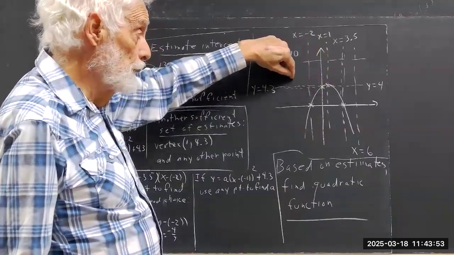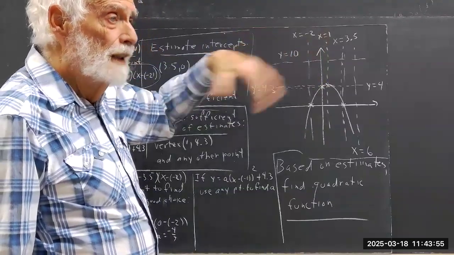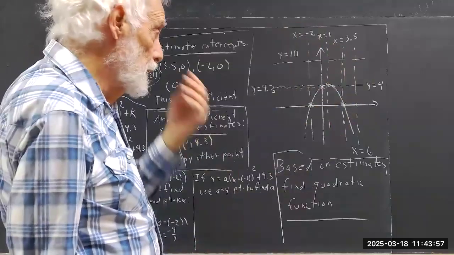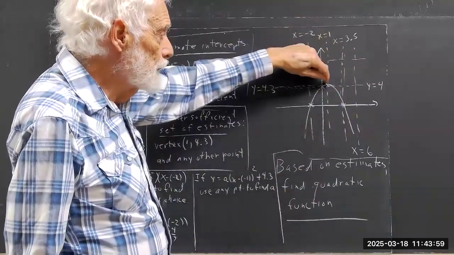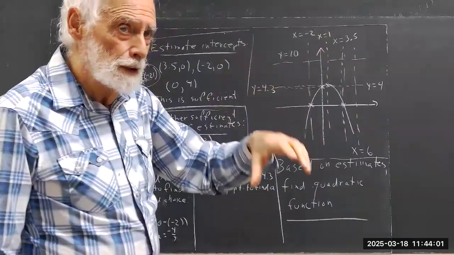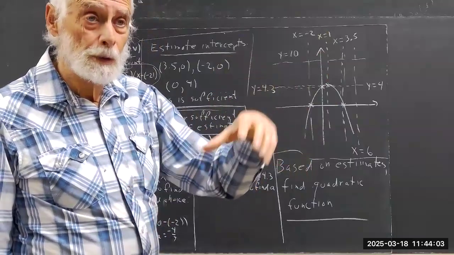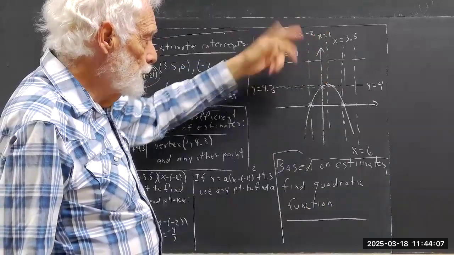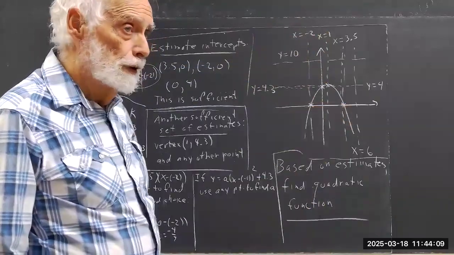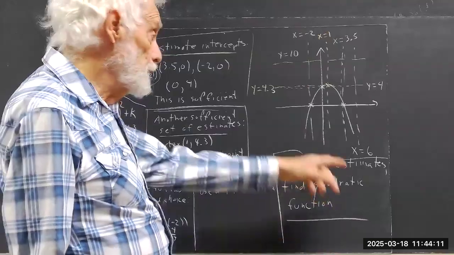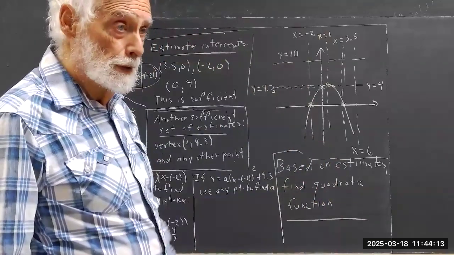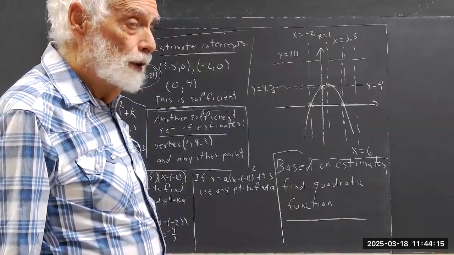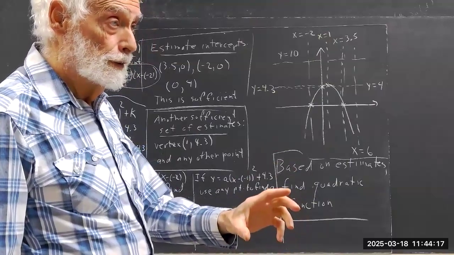If you use 4.3 when it really should be 4.5, it's going to change your result by quite a bit. So just generally, because of that reason, you might not totally understand how the numbers make what I said. So use the point that you already have that's furthest from the vertex, or even estimate a point that's even further from the vertex. Okay, use a point that's pretty far from the vertex.